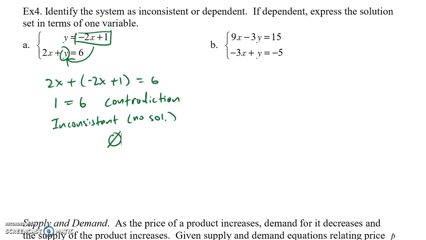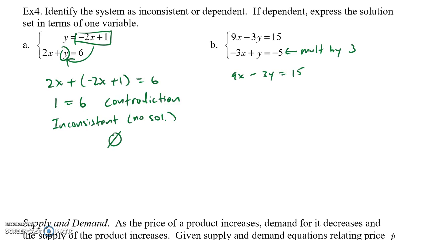If we think about, let's say, eliminating y, we could multiply the bottom equation by 3 so that we have opposites for the y terms. 9x minus 3y equals 15.